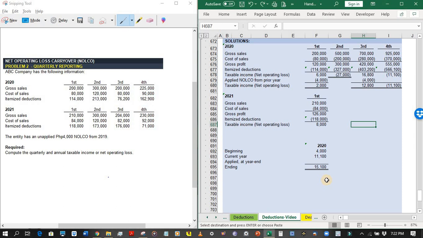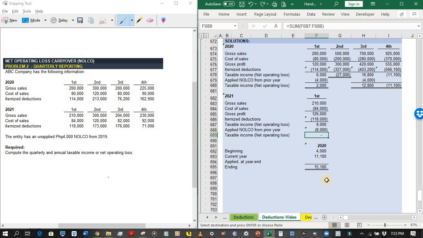We have a taxable income during the first quarter of 8,000 pesos, which means we can deduct an amount of NOLCO of 8,000 pesos because the 15,100 NOLCO can cover the full amount of the 8,000 pesos taxable income. So at the end of the first quarter for 2021, we have no taxable income, which means that we will pay no tax liability for the first quarter.